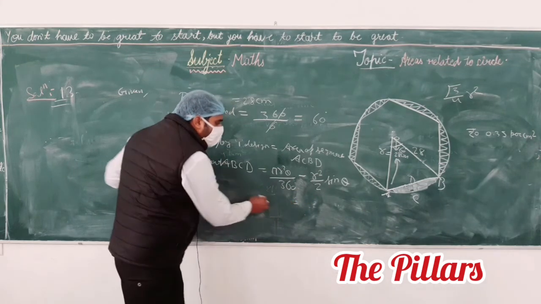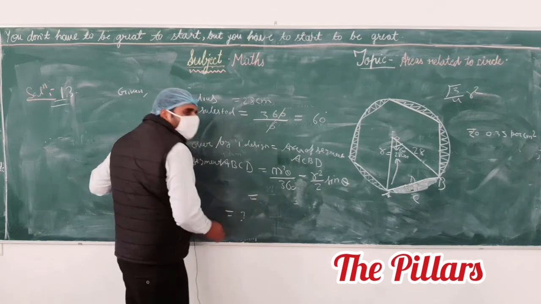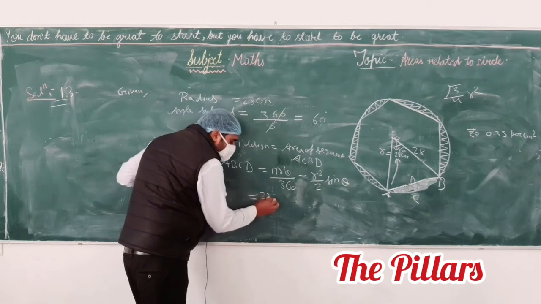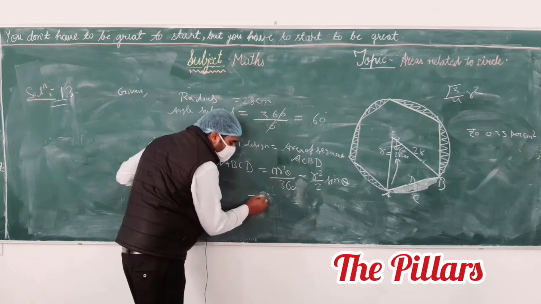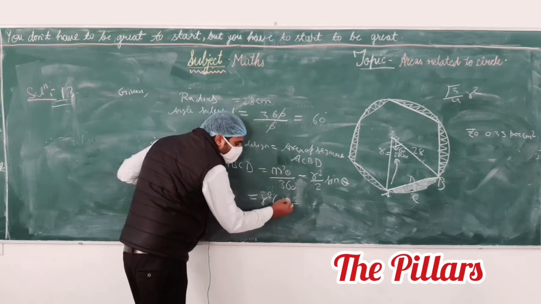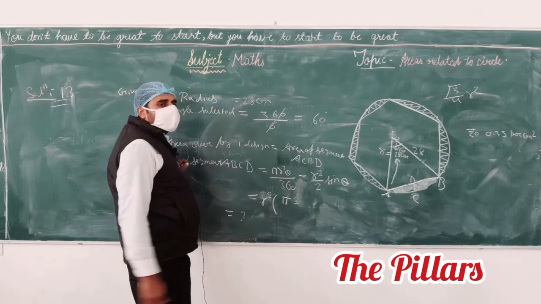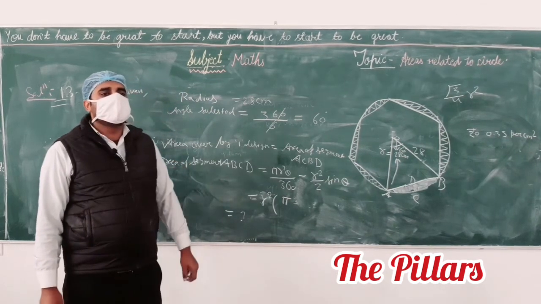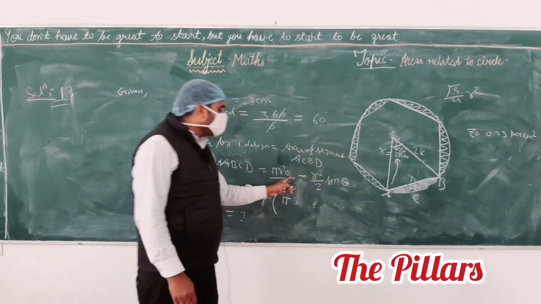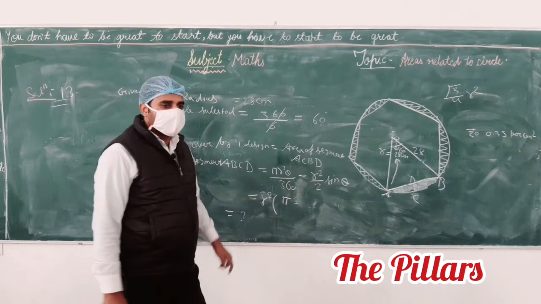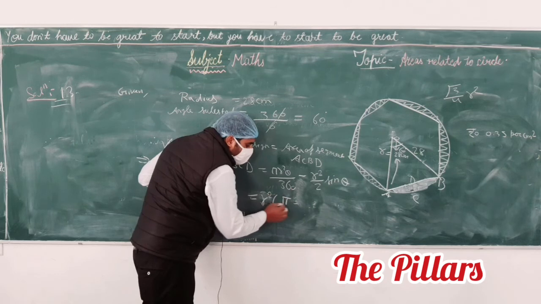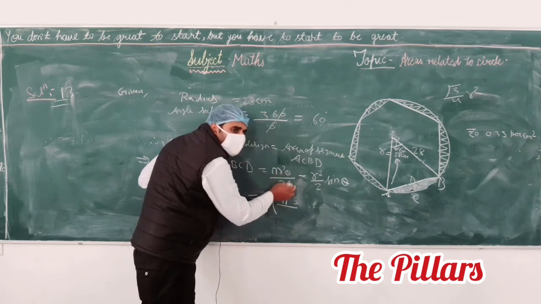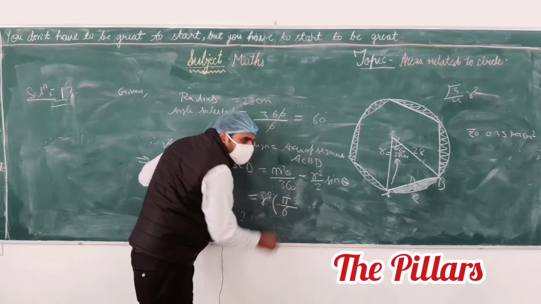You see that we put the pi value as 22 by 7. First you have to common out r square. What do you have to common out? R square. Remaining is pi, put the value of theta. Value of theta is 60 degrees. 60 divided by 360, pi by 6 remains or not?